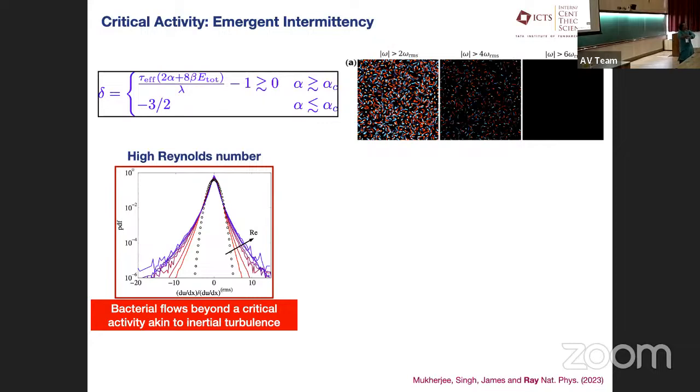One way to think about it is you look at the vorticity field of your suspension, curl of U, and then you visualize it by suppressing values which are larger than some value. On the left-hand side, I've just plotted things where the omega is only for stuff which is larger than 6 omega RMS, you see nothing. So certainly the flow is non-intermittent.